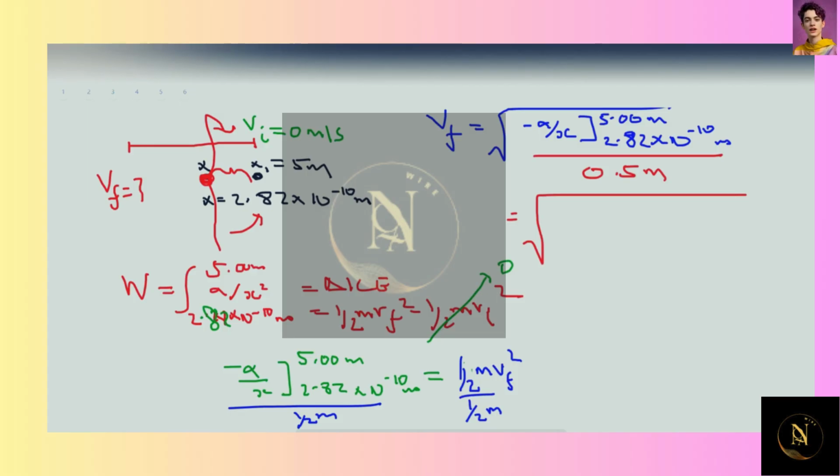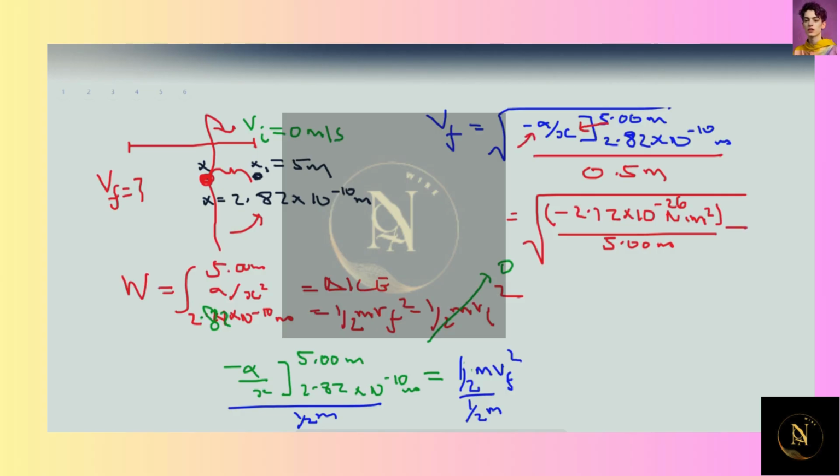If we plug in the numbers, we get negative alpha. Alpha is 2.12 times 10 to the negative 26 Newton meter squared. That's the top part of 5.00 meters. That's the initial plug-in. And then you subtract another negative.